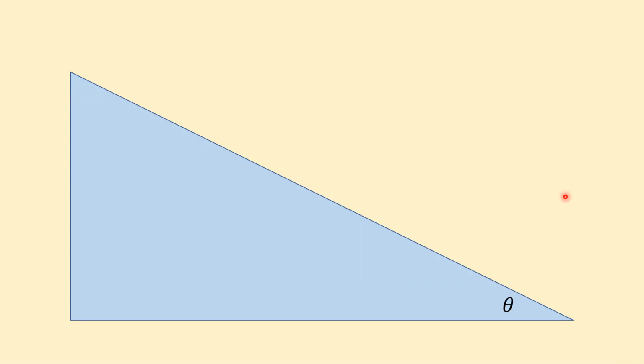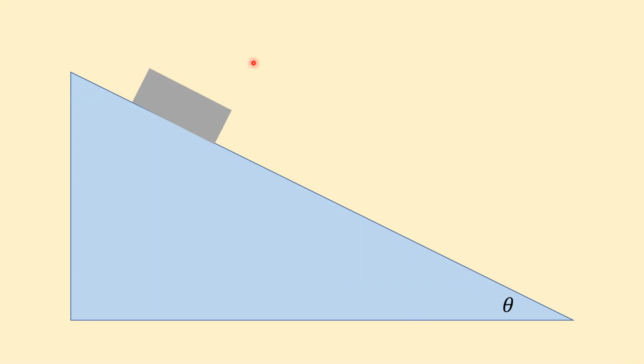So here's a ramp, or an inclined plane, and we will use the Greek letter theta, T-H, not theta like the cheese, the Greek letter theta to indicate the angle of inclination, how steep the ramp is. And let's put a brick on it.